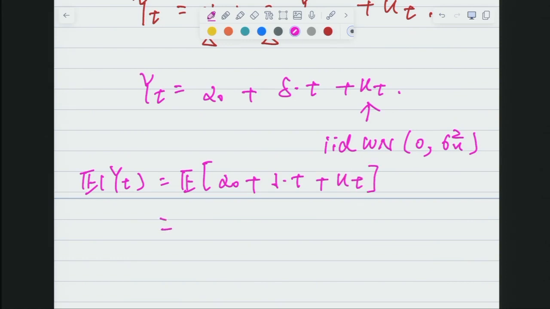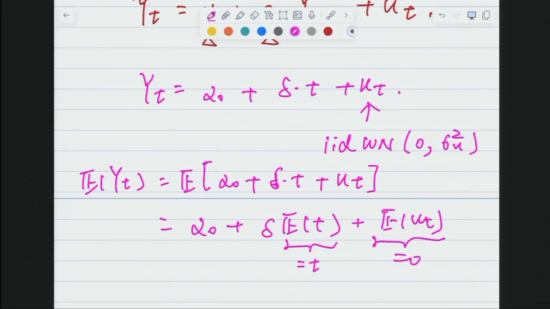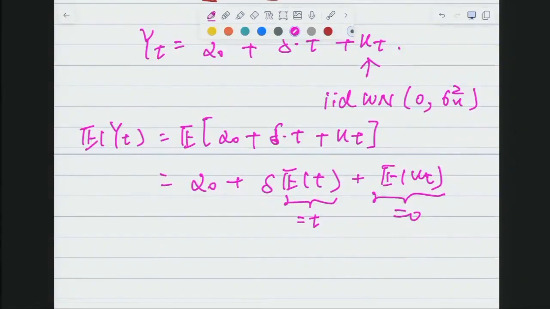Okay, alpha naught is a constant, take it out. The delta, again, it's a constant, we can take it out. Multiply by the expected value of t. T is deterministic. The expectation of a deterministic variable is itself, which is just t, plus the expected value of u, our shock, which is 0, given that it follows an IID white noise process.